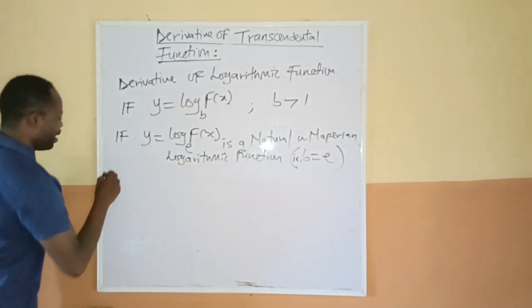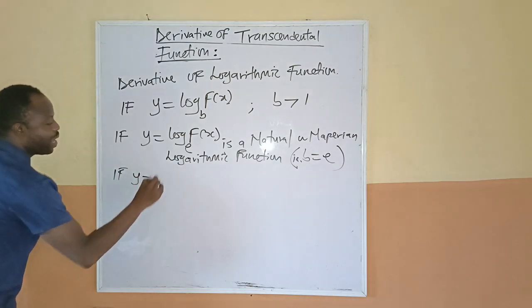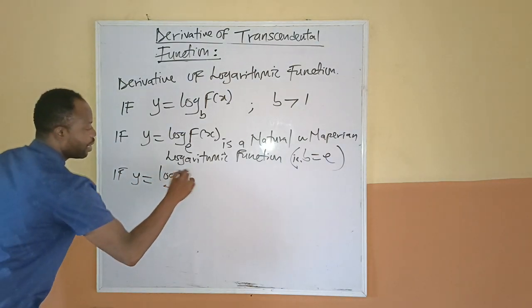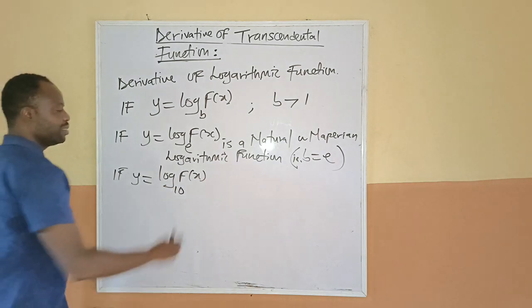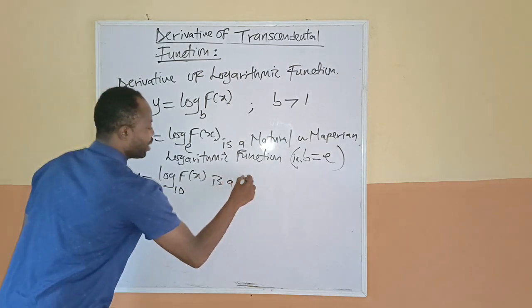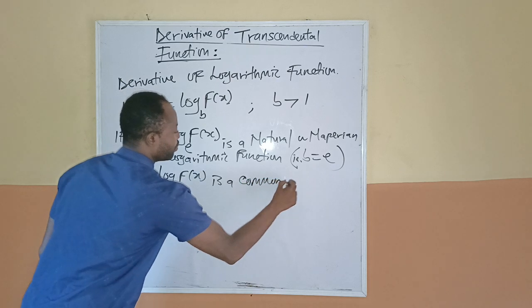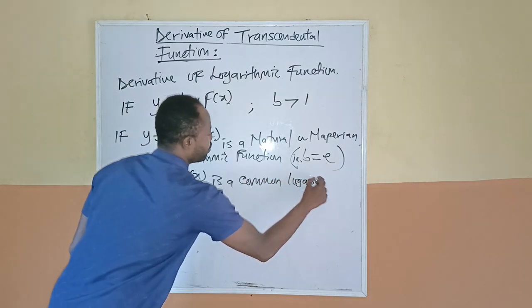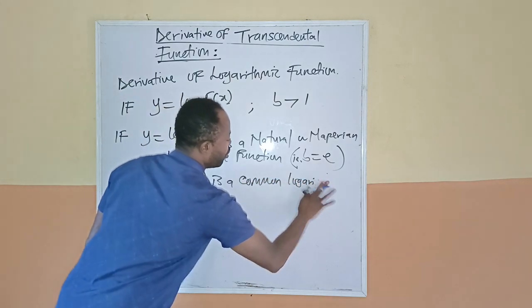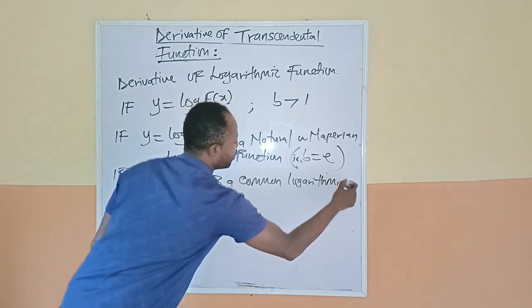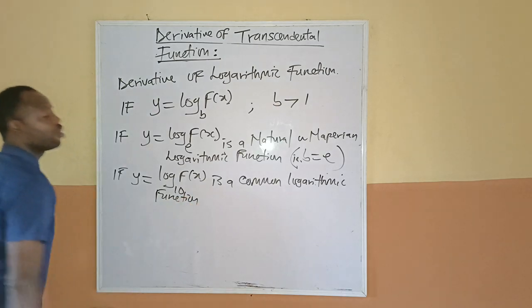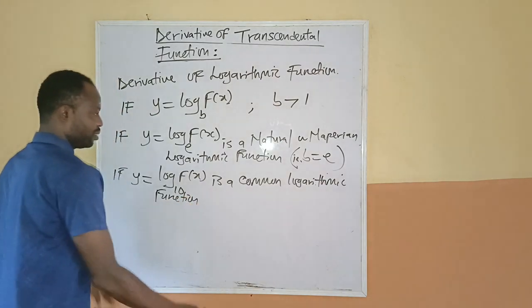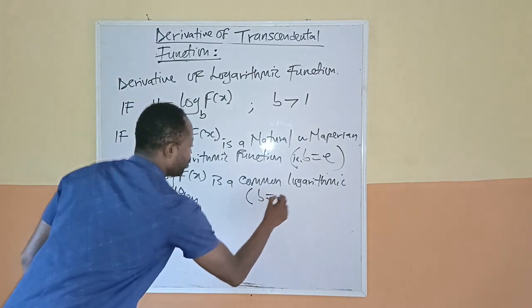Now, if I have y equals log f of x to base 10, this is a common logarithmic function. So in this case, my b equals 10.